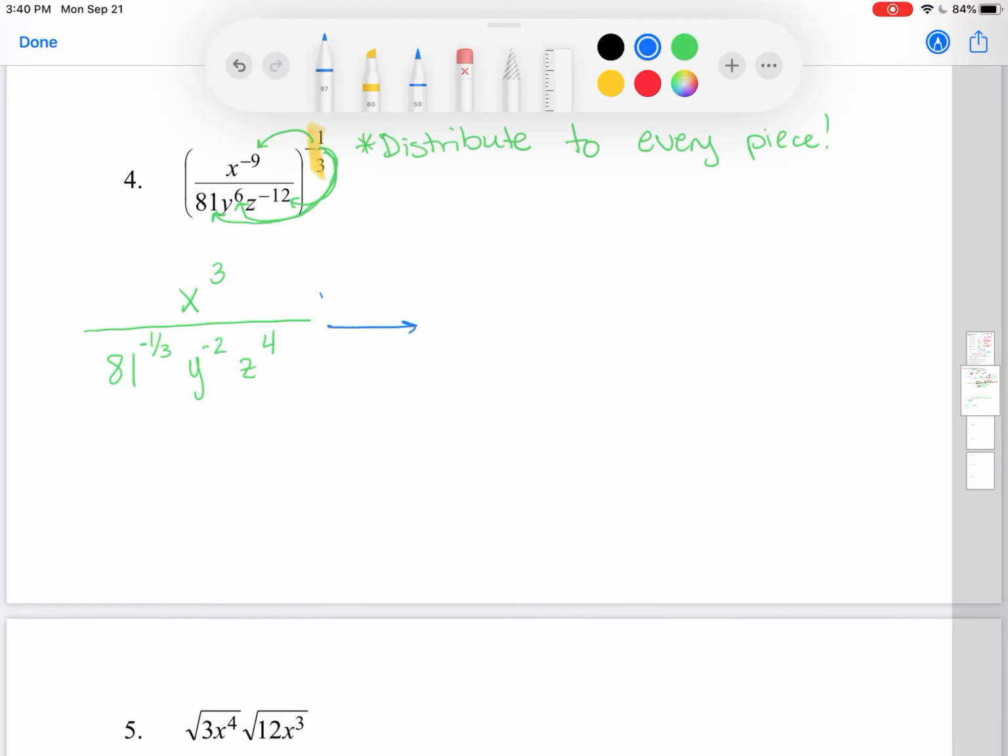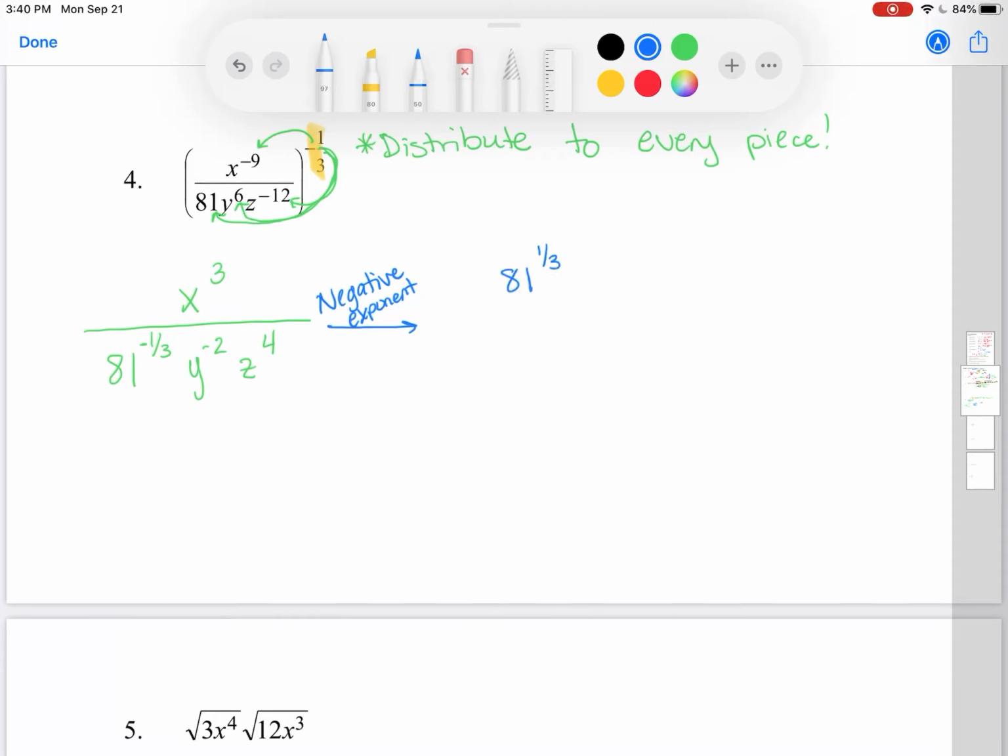Okay. Now with that simplified, I just took care of my power of a power. Now I can focus on my negative exponent rule. So I'll let you know what rules I'm using as I move along here. So the negative exponent, if I ever see a negative, that means I have to flip it to the other side of that fraction to get it to be a positive.